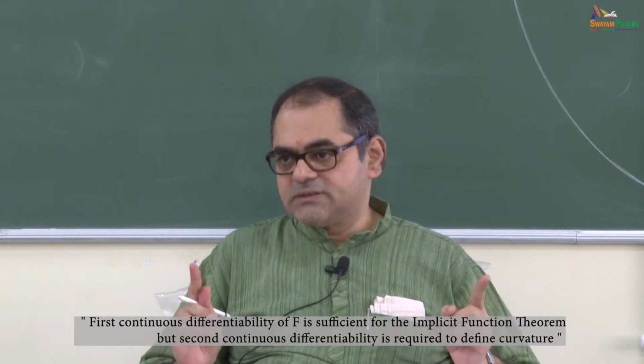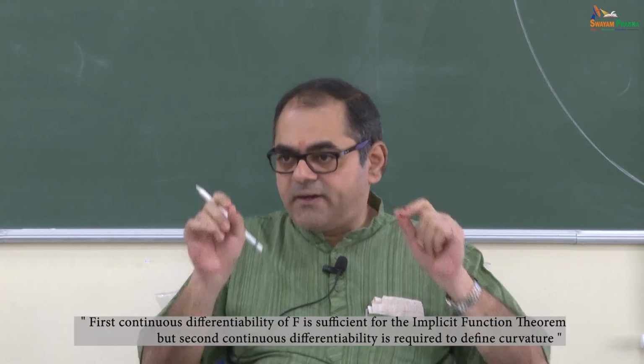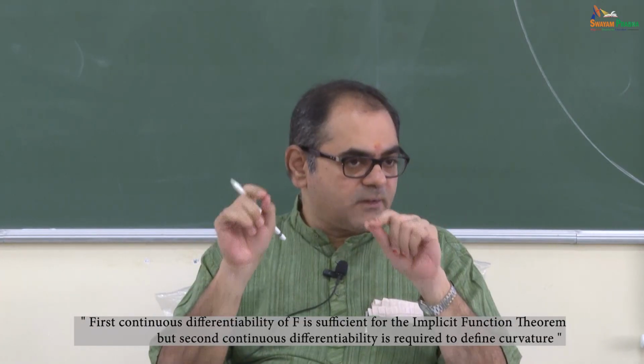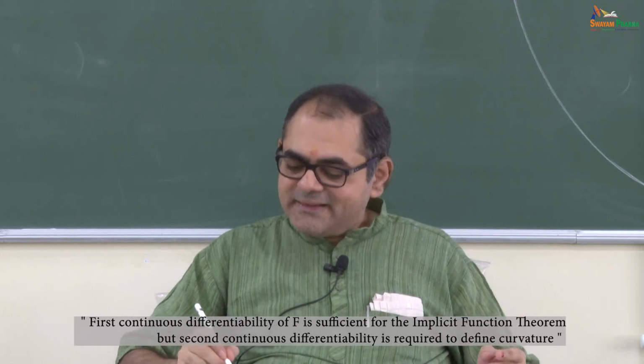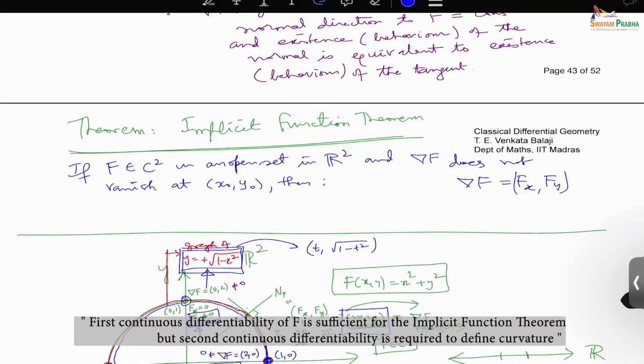But we will always use this duality that the coordinates of a point are also components of the position vector of that point with respect to the origin. So the gradient at x0 comma y0 is not 0. That means (fx at x0 comma y0, fy at x0 comma y0) is not 0.